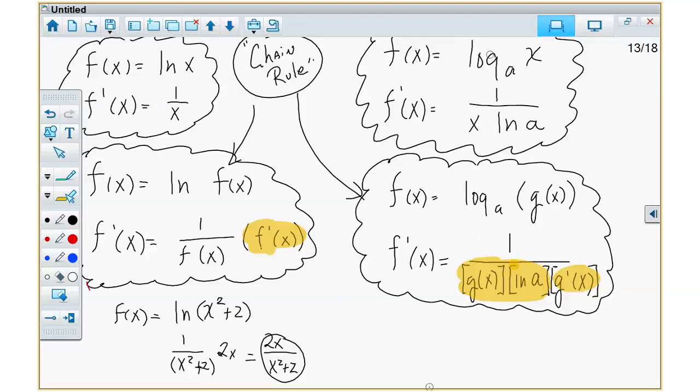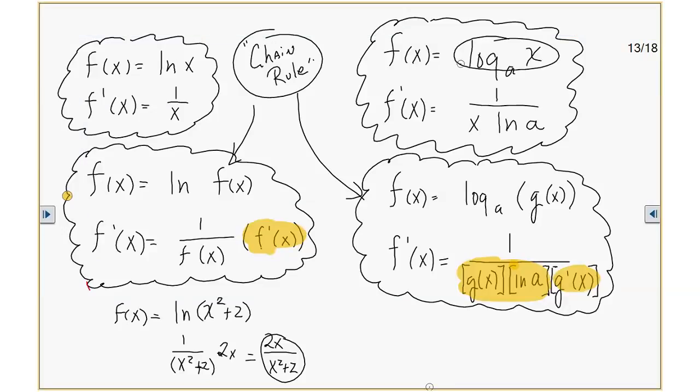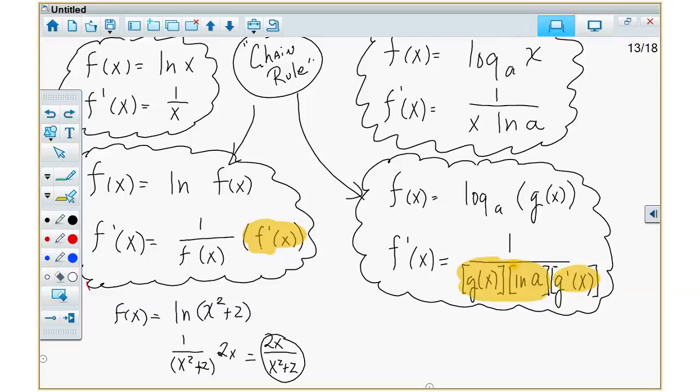What is the derivative of log base a of x? You don't have to say it, but there it is. It's right here. 1 over x natural log of a. So that's going to be 1 over x natural log of what? In our problem, natural log of 7.